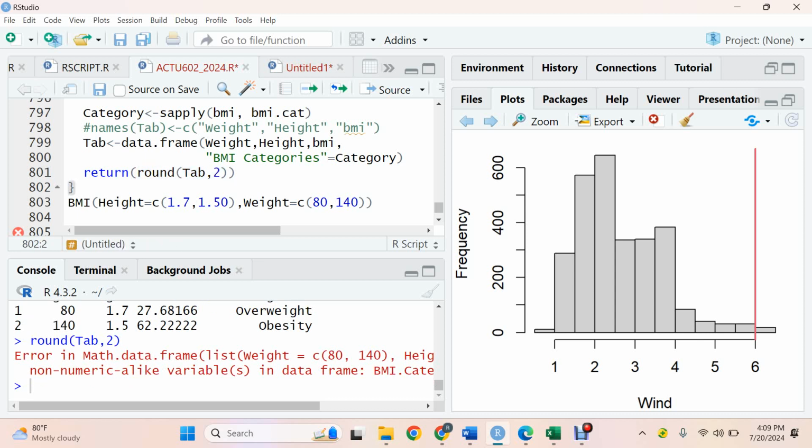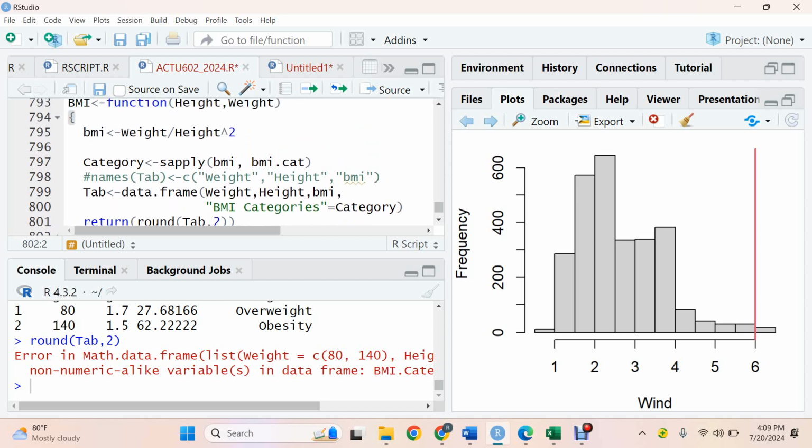Okay, so I've got it now. What do I need to round? Yeah, I need to round this one here. I want to round it, but it's like you are rounding a string.